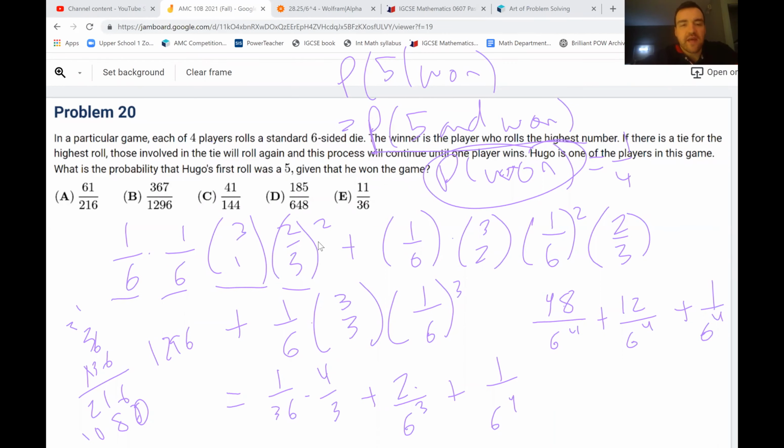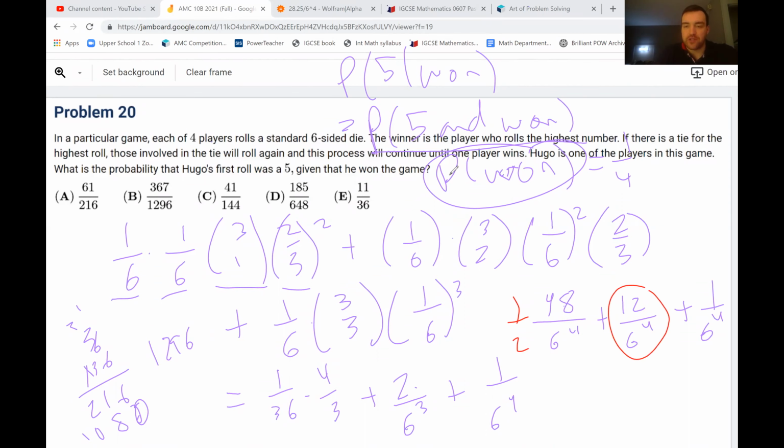What I forgot was that in the situation in which he ties with one other person, he will win half of those cases because those two people will re-roll. So half the time he will win in that situation. So I would need to multiply the first fraction by a half, right? So this would be times 1/2, right?